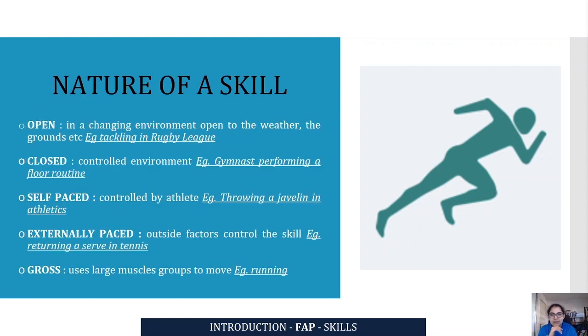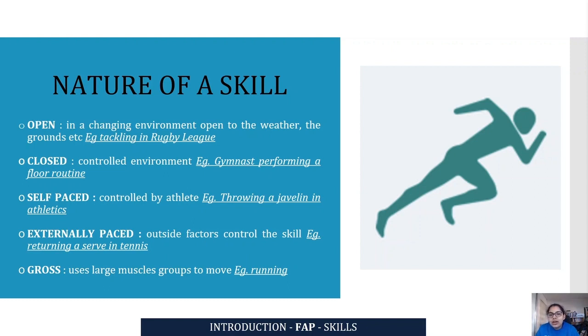Okay, the nature of a skill. So a skill can be open. So it can be done in a changing environment that is open to the weather, that is open to, for example, the conditions on the ground, like tackling in rugby league, or for example in cricket, the conditions are open to the state of the pitch.